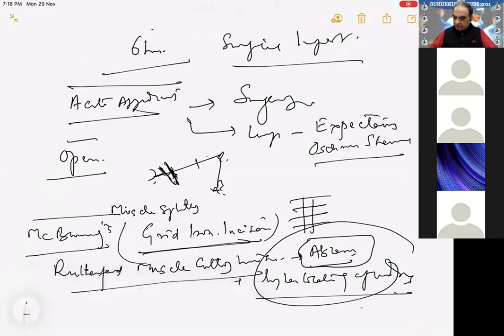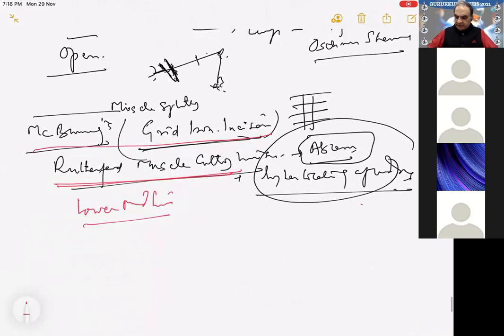So that is the Rutherford muscle cutting incision, McBurney's gridiron incision, two most common incisions that I use. The third one is, of course, the lower midline. Now, people have modified and given various incisions. Their names, say the Lanz or Lens, some people call it.